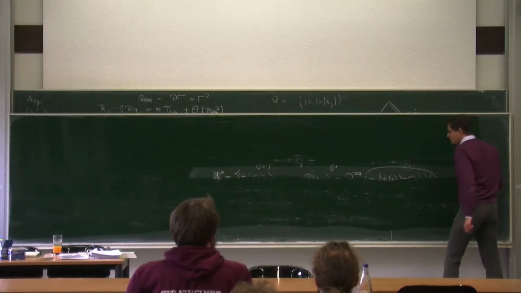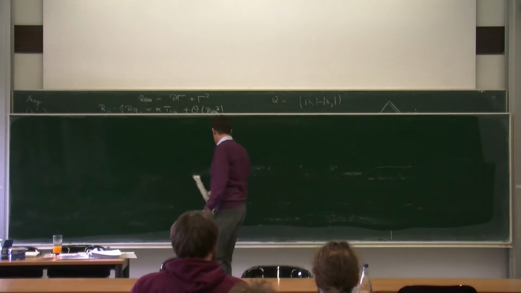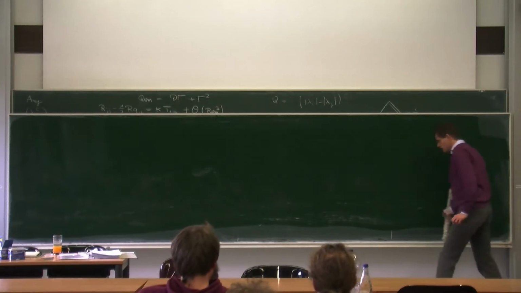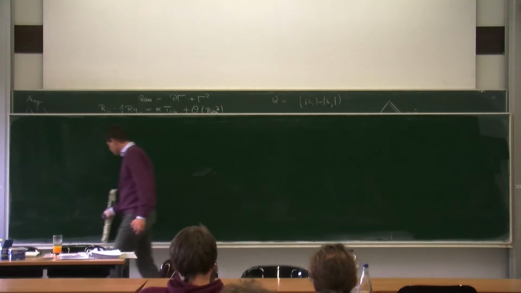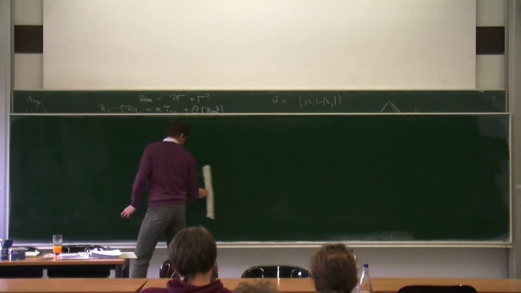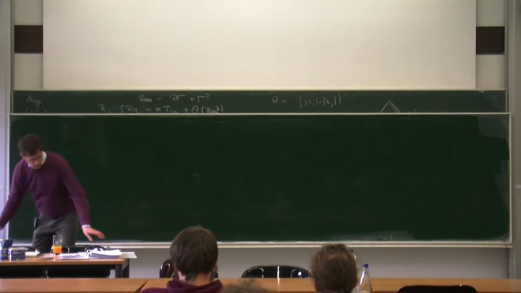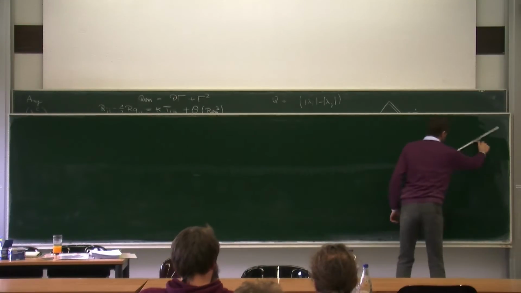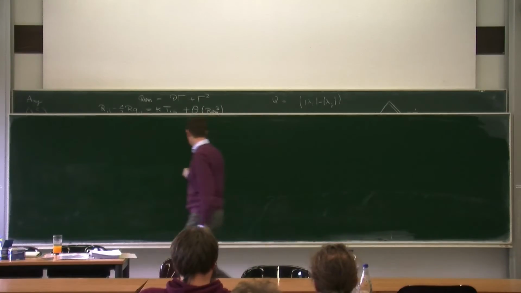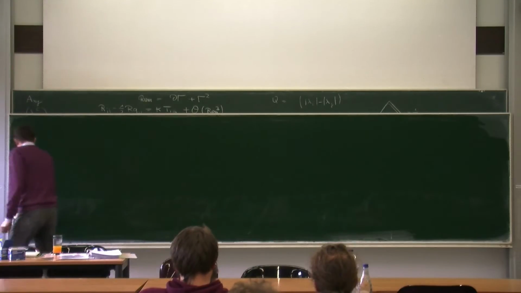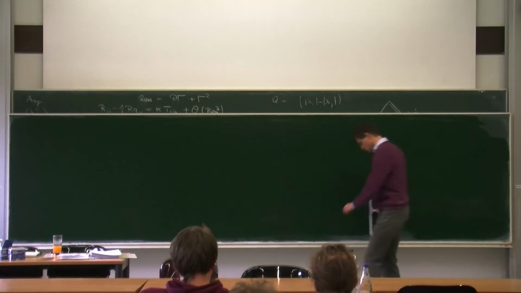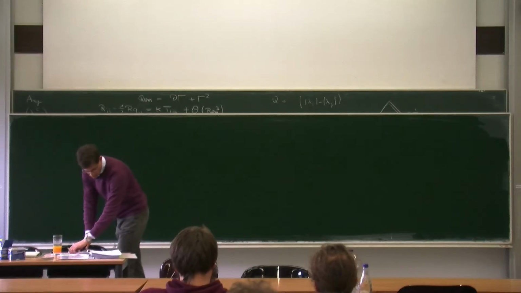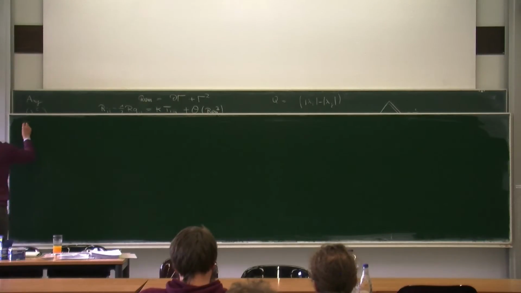And let me just outline how this goes. Again, I don't have time to enter the details, but I hope I can convey the general method and also show you some of the results. Okay, so this means we again return.